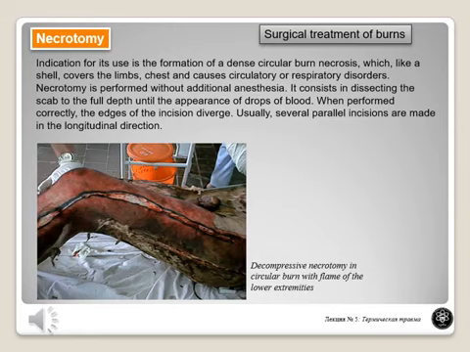You understand, in this case, we are cutting dead tissue that does not have any nerve endings. It consists in dissecting the scab to the full depth until the appearance of blood droplets. Across this very ring, which circularly covers our segment of the body, we must dissect. When performed correctly, the edges of the incision diverge and we provide decompression of this zone.